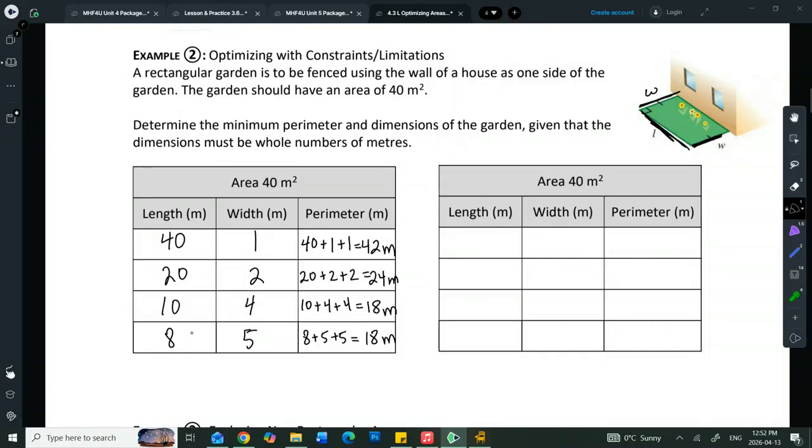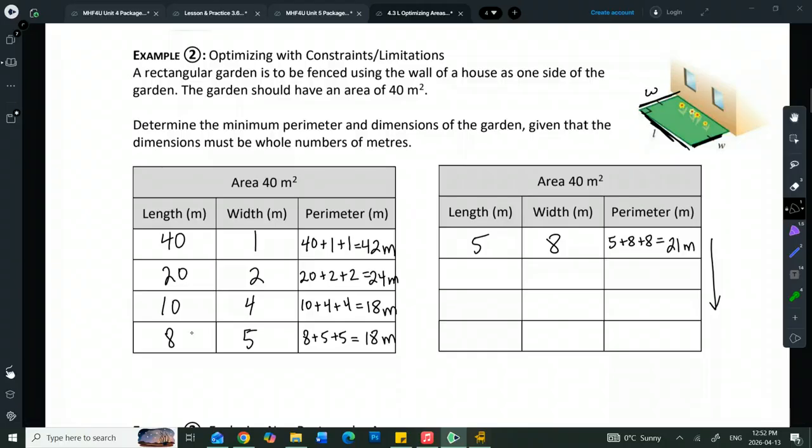Okay, so we could have 5 times 8, and then that makes our perimeter 5 plus 8 plus 8. So that's going to give us how many meters for the perimeter? Okay, 21 meters.